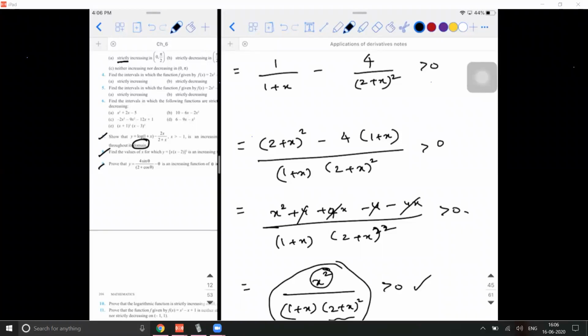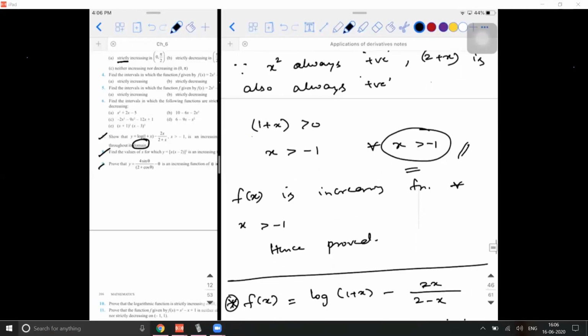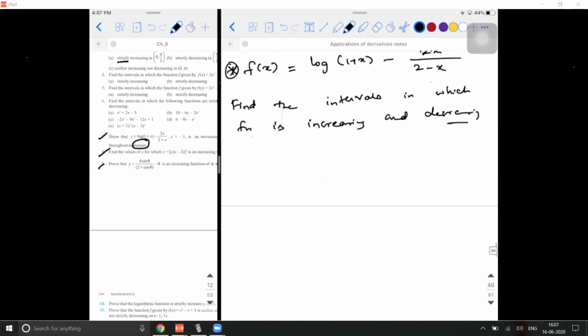So the next part. Yeah. Listen. So what is the domain of the function?